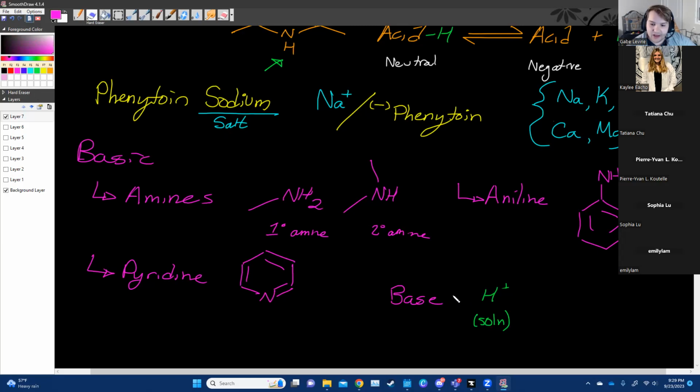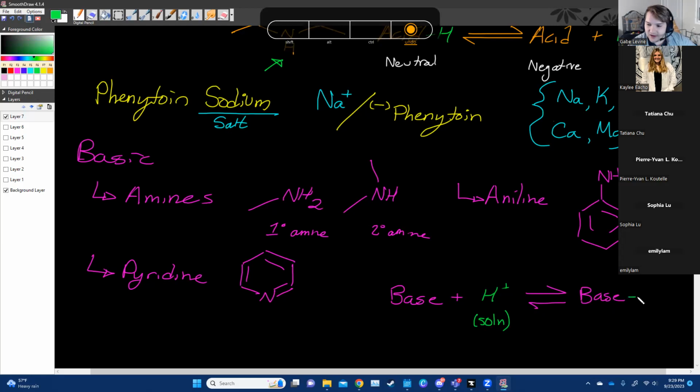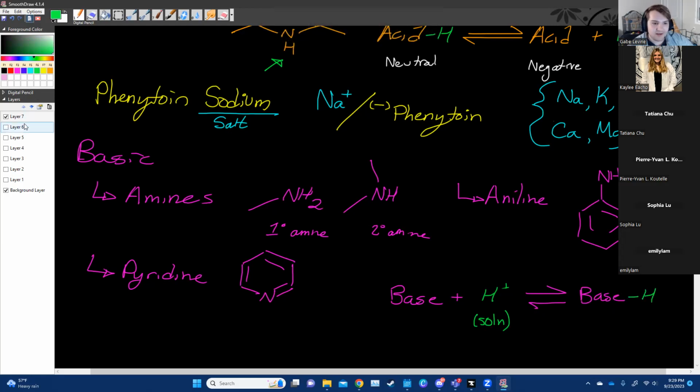Bases love picking up extra hydrogens, and so we end up with our protonated base. And notice the charge on the base. We went from neutral to positive.